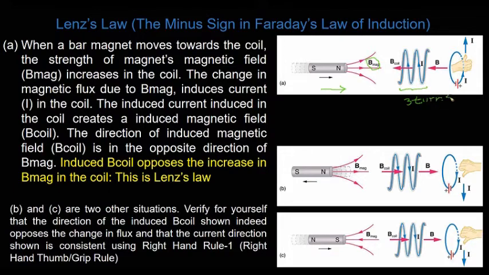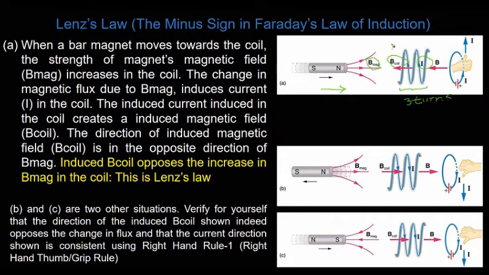And this coil is circular, and what we are saying is when the magnet is coming closer to the coil, there will be a change in the magnetic flux experienced by the coil that produces an induced current. This is the induced current, and this induced current produces the induced magnetic field.